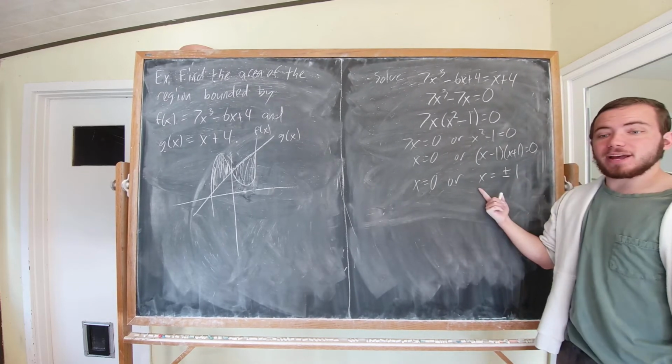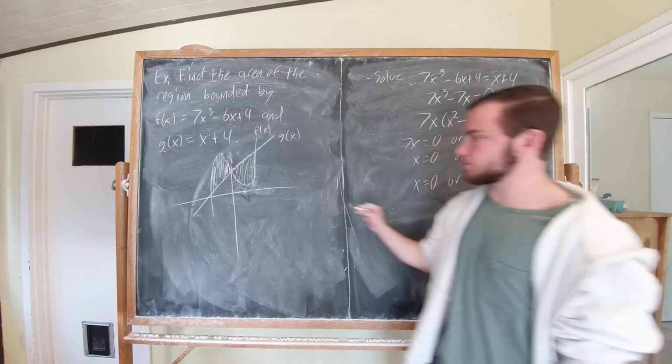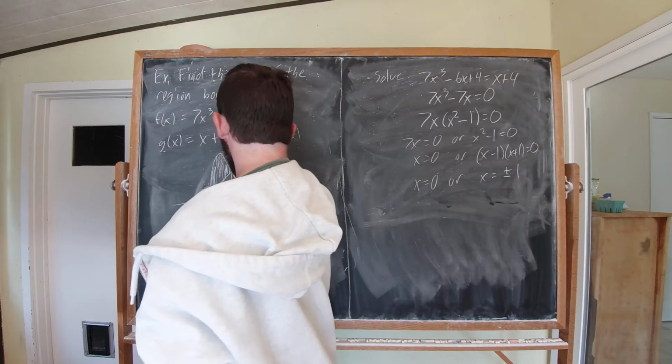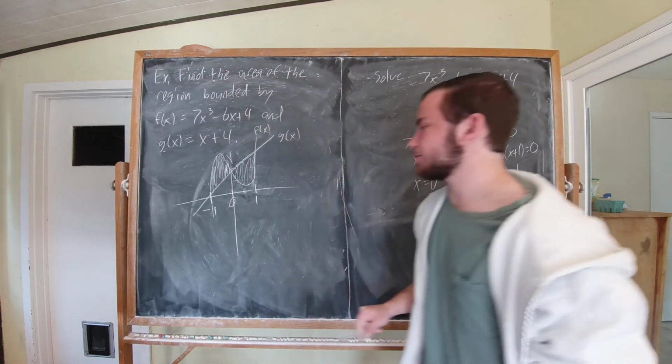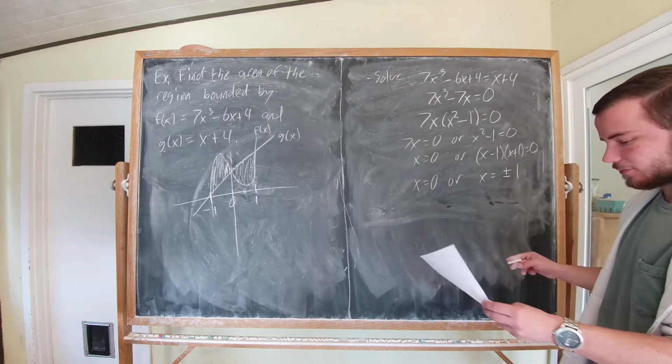You do the algebra and you turn out that either x is 0 or it's plus or minus 1. So these coordinates were actually -1, 0, and 1 all along. My sketch is just not the greatest.